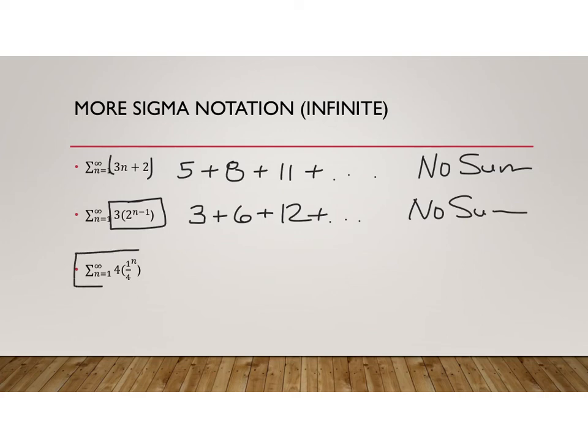For this one, looks like if we put 1 in for n, we take 4 times 1/4 to the first, which is 1. Then we put 2 in for n, it'd be 4 times 1/16, which is 1/4. And you can see this is a geometric series with a ratio of 1/4.